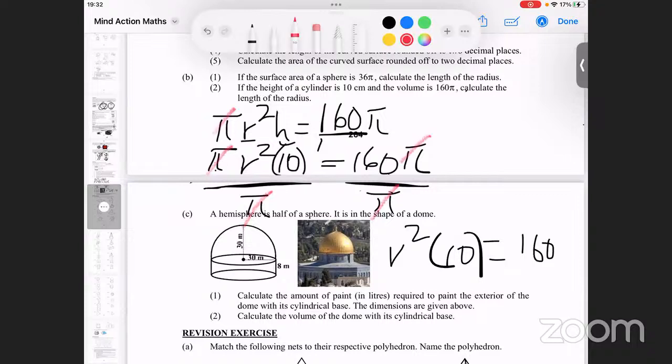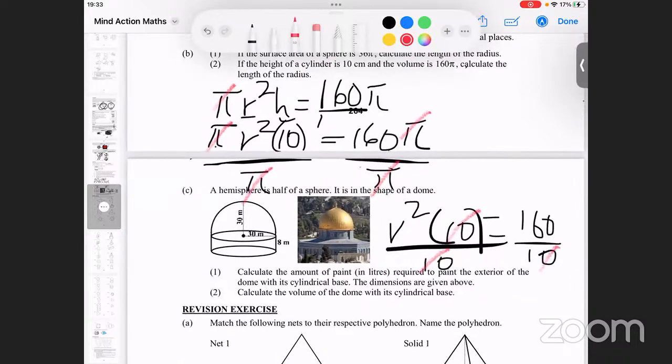And what do we do now? Ma'am, can we divide 10 into 160 and in itself? Yes. And that means we're going to be left with r squared being equal to 16.